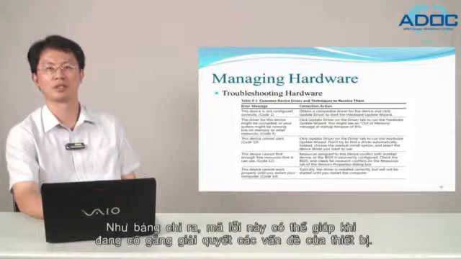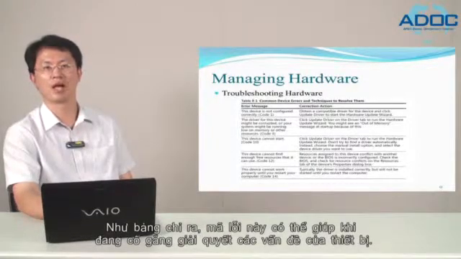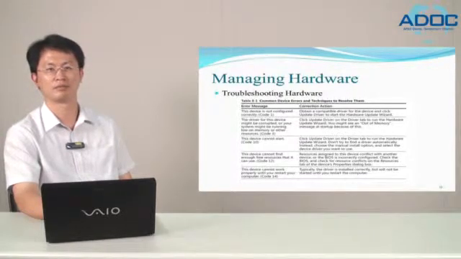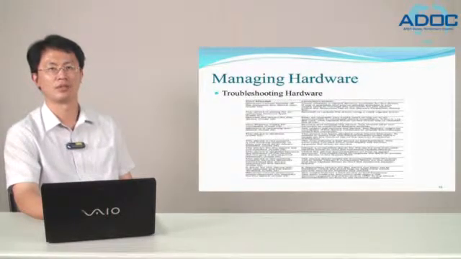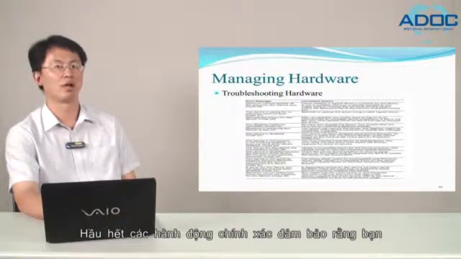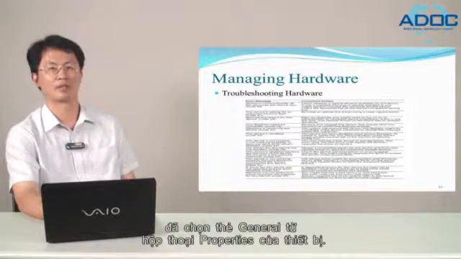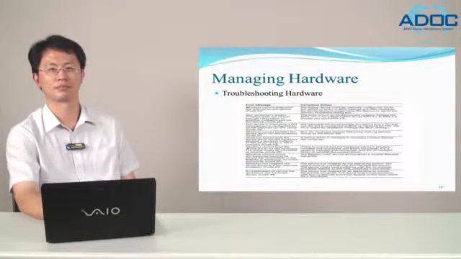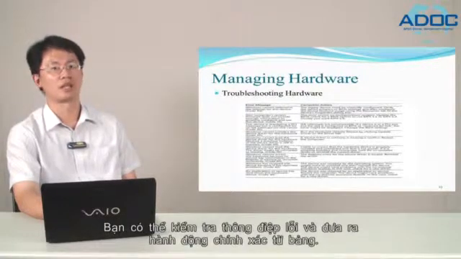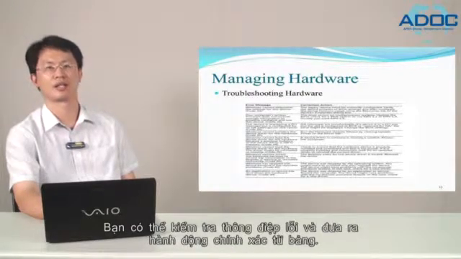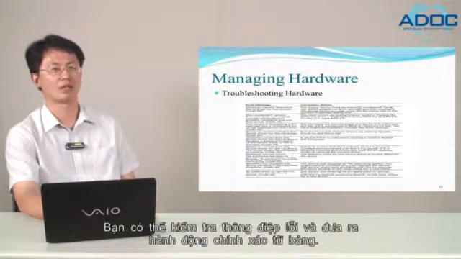As the table shows, this error code can be helpful when trying to solve device problems as well. And most of the corrective actions assume that you have selected the General tab from the Device Properties dialog box. And you can check the error message and take the corrective action from the tables.